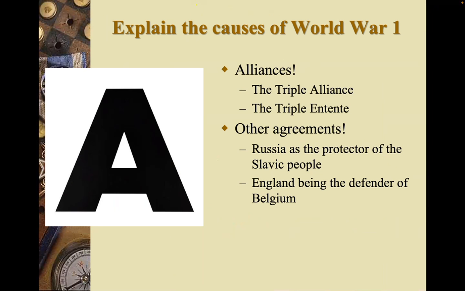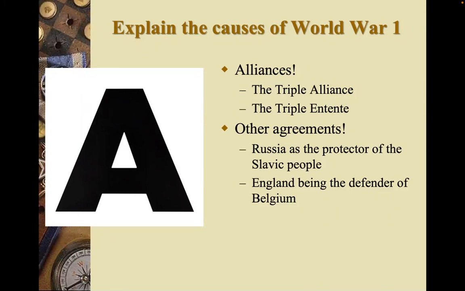When we get a little bit deeper into alliances, our specific historical examples would be the Triple Alliance and the Triple Entente. But there were other agreements. Russia had made alliances with nations like Serbia, and overall was the protector of a group of people known as the Slavs who lived in Eastern Europe.